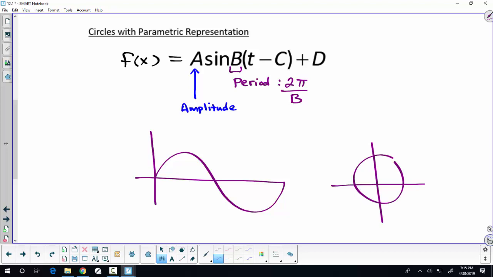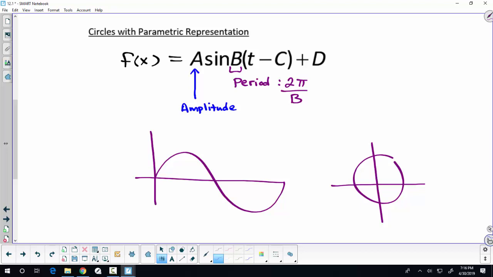So if I start affecting this period in the sense of a circle, what do you think that's going to affect? Not the radius. It won't affect the circularity of it. How it's drawn is more accurate, the time it takes to draw the whole.